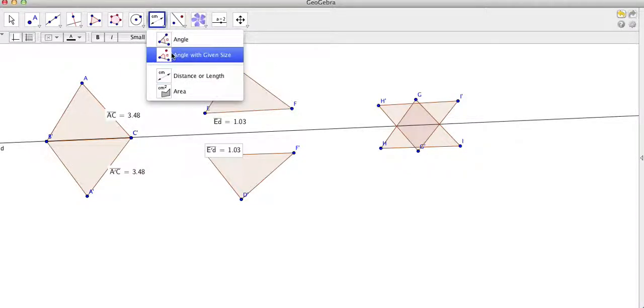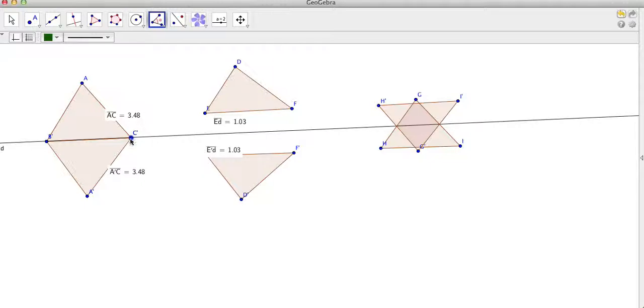A rotation is, for example, you always go counterclockwise.